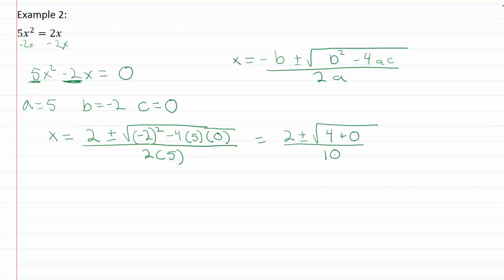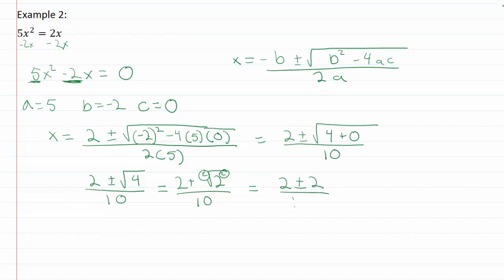Okay, so now we want to go ahead and say that this is 2 plus or minus square root of 4, do that addition underneath the radical, and then we want to try and simplify this radical, and doing the prime factorization of 4 is pretty simple. It's just 2 squared. So now I've got exponents and radicals that match, exponents and indexes that match. So this is going to be 2 plus or minus 2 over 10.